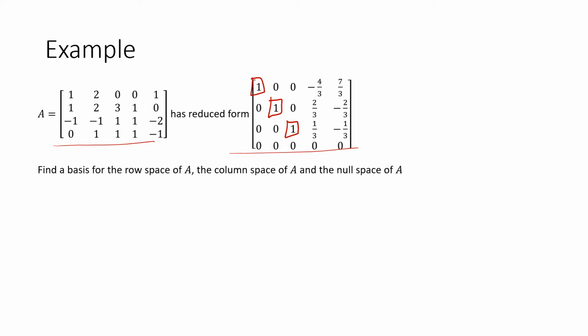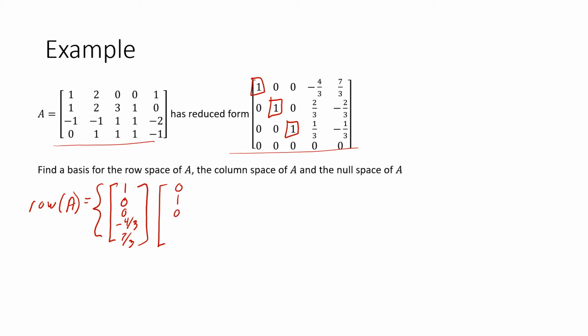So if we want to get the row space of A, or a basis for it, you just take those rows from your original matrix, or from your reduced matrix, and use those. 1, 0, 0, minus 4 over 3, and 7 over 3, and so on for each of the three rows.